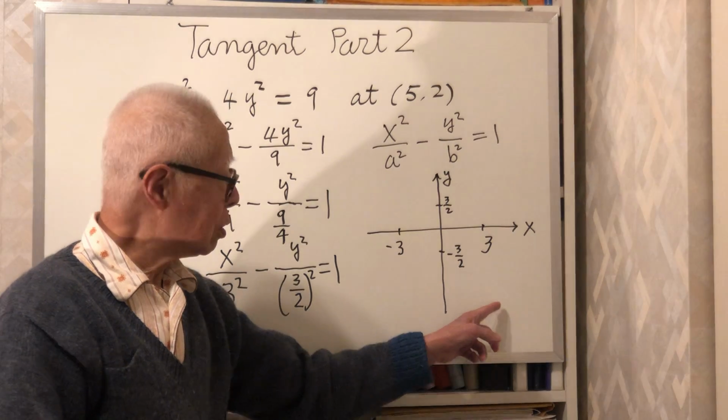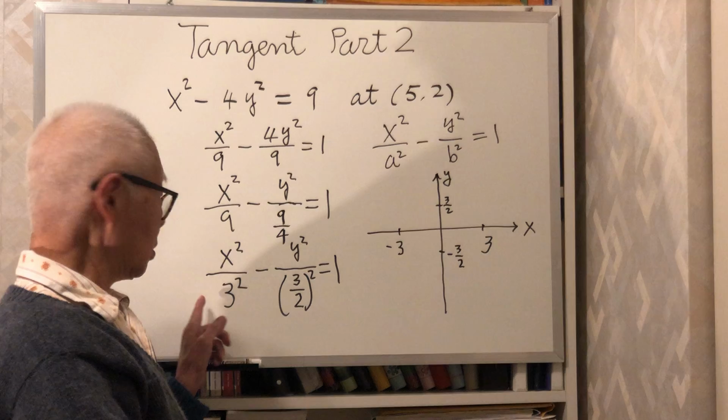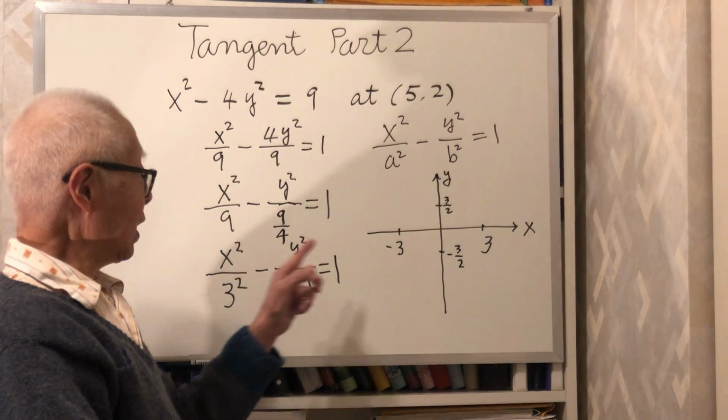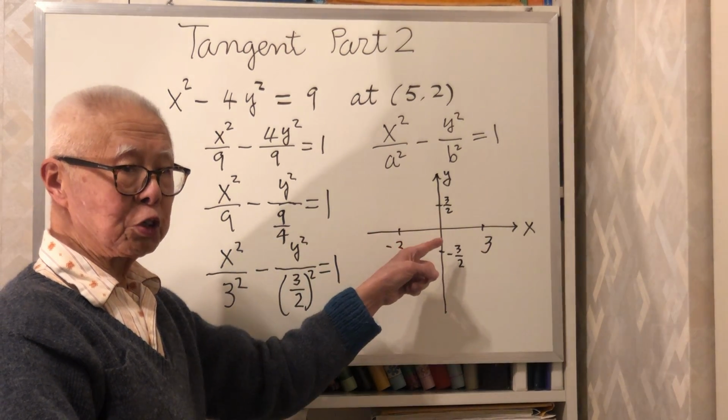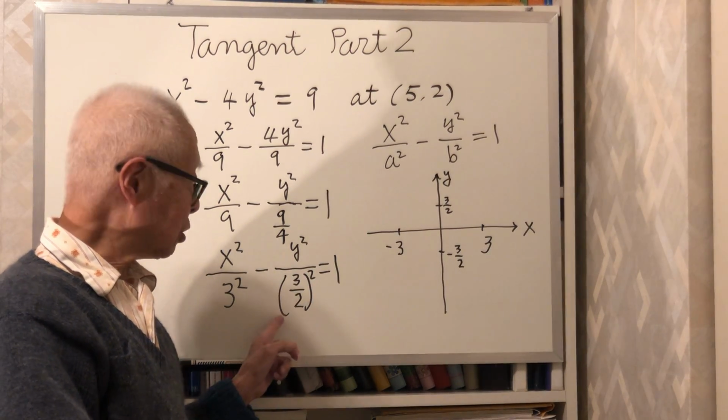So I have 3 and negative 3, which is this. And I have 3 over 2 and negative 3 over 2, which is this.